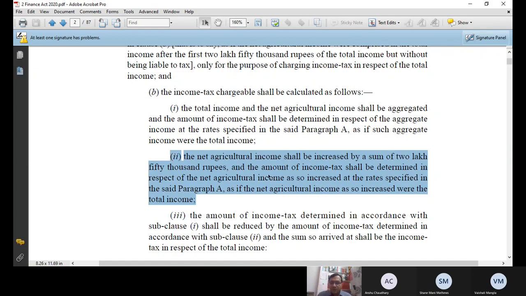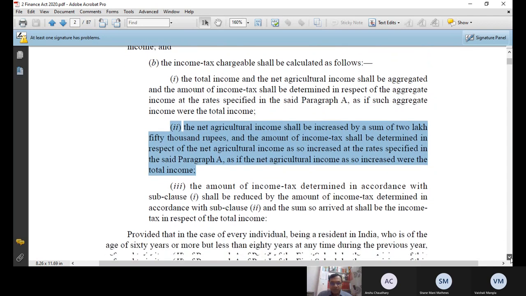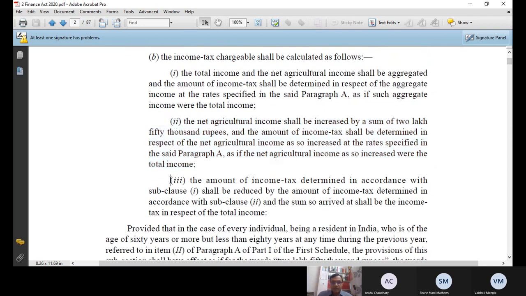This is next point. After this, then the answer is clear. After this, what does the Act say? The amount of income tax determined in accordance with subclause 1. What is subclause 1? Where I combined agricultural income with the total income and computed the tax. So whatever is that tax shall be reduced by, so from this tax, deduct which tax?